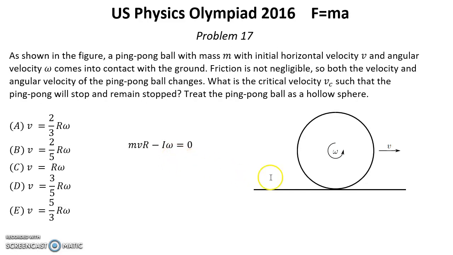In our case, because omega is counterclockwise, that will be negative I omega, and the total equals 0, because finally it will stop. From this equation we can count. Because I equals 2/3 mr squared, we can insert this I in this equation and finally find that velocity equals 2/3 r omega, which is answer A. That was a solution for problem number 17.